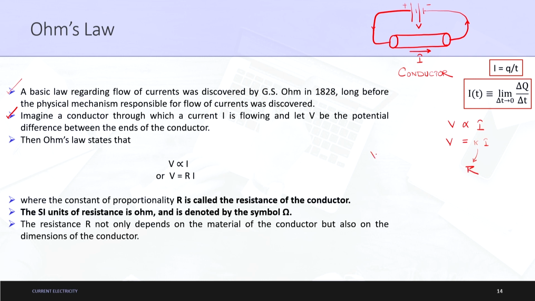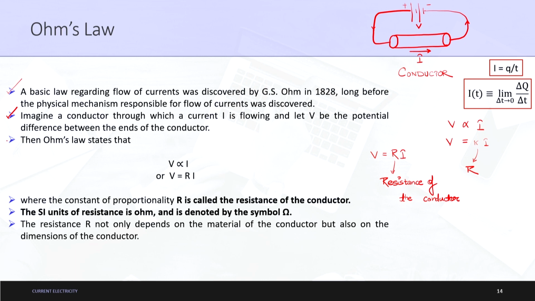Hence, we found the formula V is equal to R I, where R is called the resistance of the conductor.